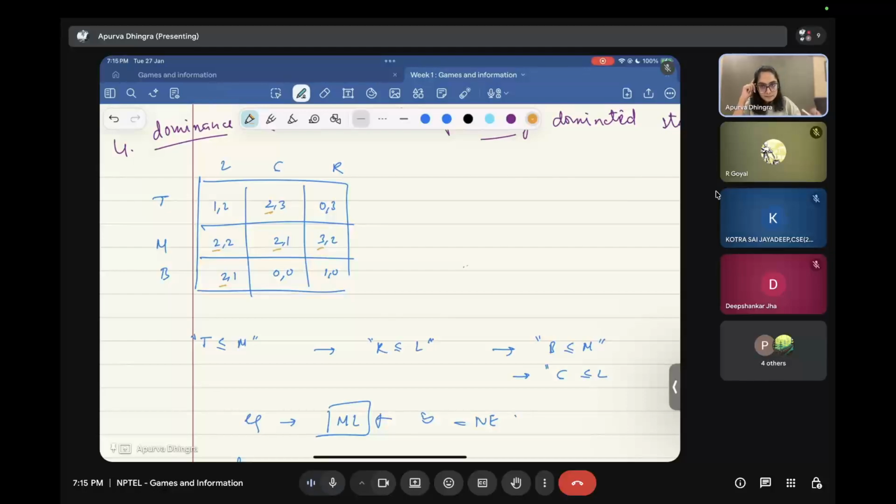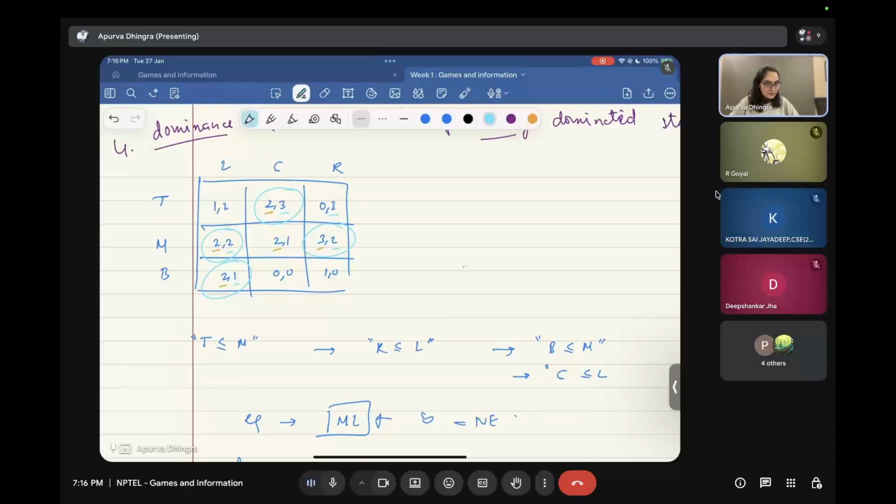I have highlighted the best option possible. We're maximizing. Then for the other player, the comparison is row wise. So these two are the best options, or these two, or this one, which means we got 1, 2, 3, 4 Nash.